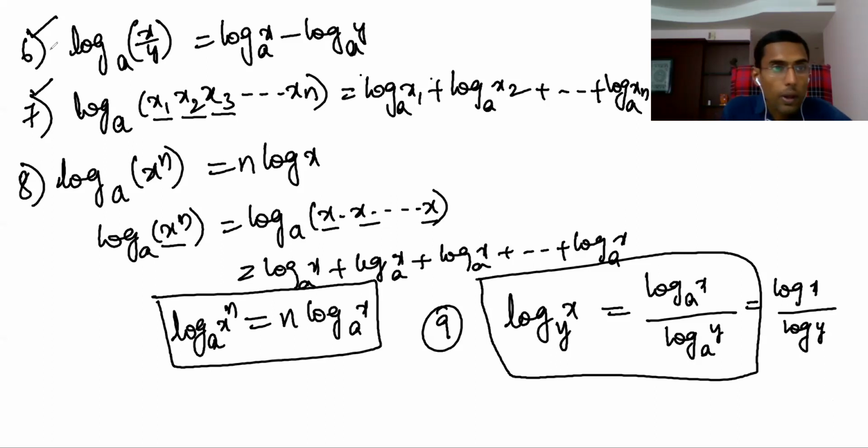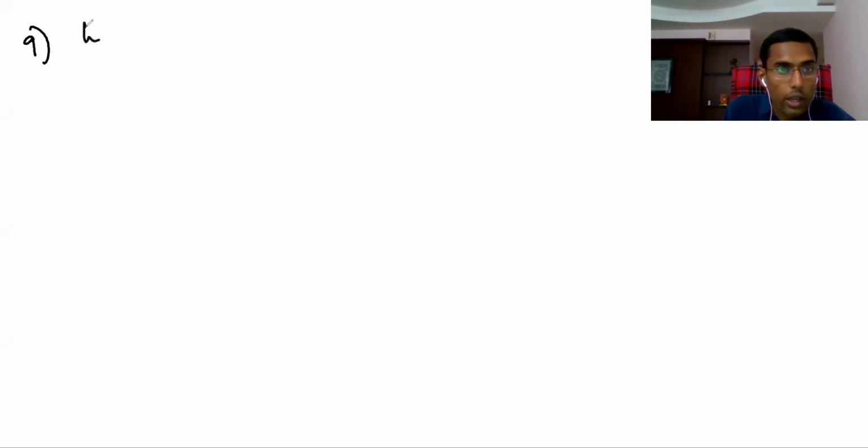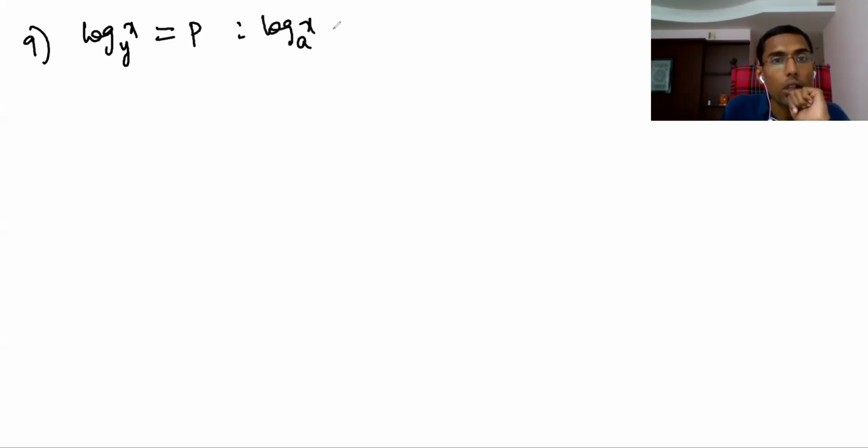Now, the ninth we are proving: log x to the base y. You can take this as some p, and log x to the base a you can take as q. Log y to the base a you can take as some r. What you should prove is p equals q by r.